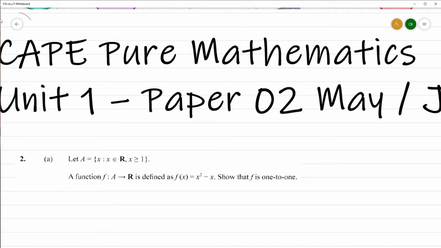Before I proceed to show that f is 1 to 1, I would like to first state what 1 to 1 is. This is not necessary for this question. You could approach it without the definition, but for your understanding, I think it's best that I provide a definition for 1 to 1.